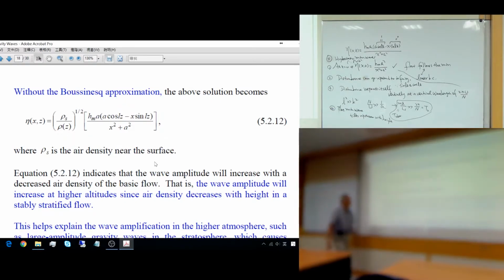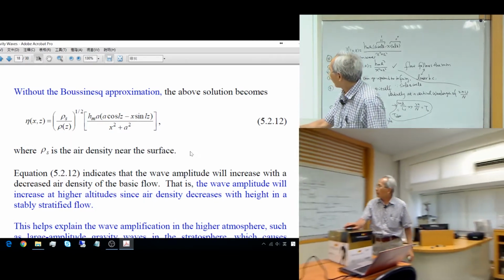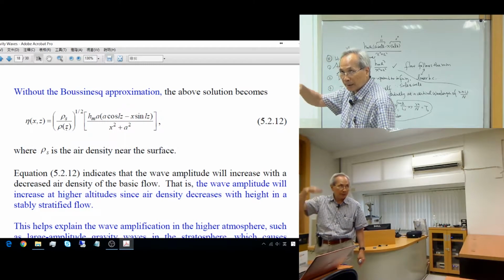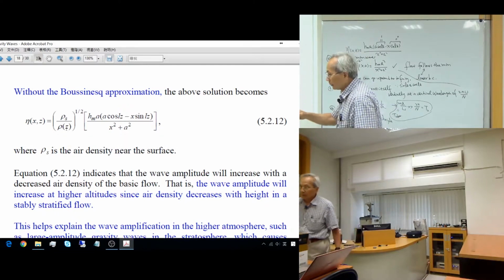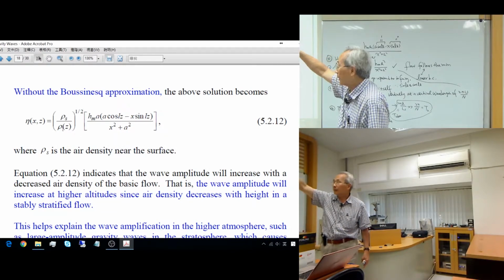So we have rho sub s divided by rho of z, and take a square root here. Rho is the density of the air. Rho sub s is the density near the surface, and rho of z is at any height.